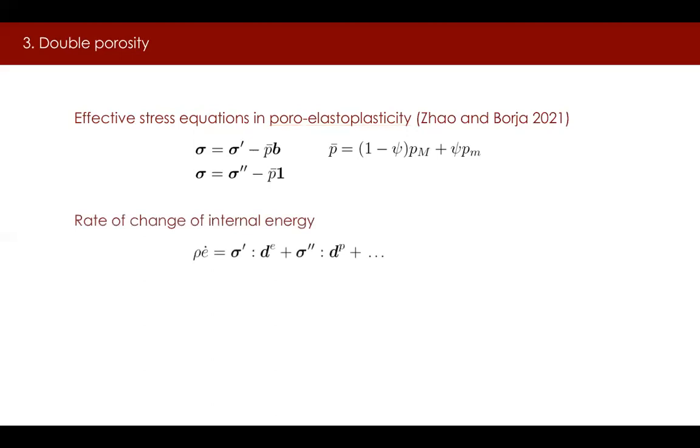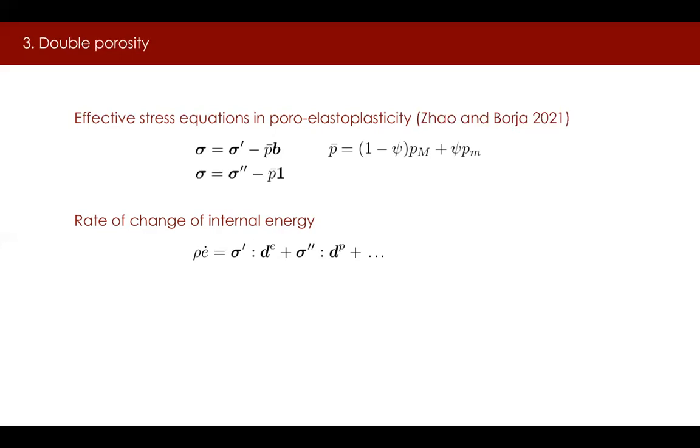The origin of these two effective stress equations is the first law of thermodynamics for a double porosity system, which states that the rate of change of internal energy consists of the mechanical power of the Biot stress tensor in elastically deforming the solid matrix, plus the mechanical power of the Terzaghi stress tensor in plastically deforming the same solid matrix, among others.